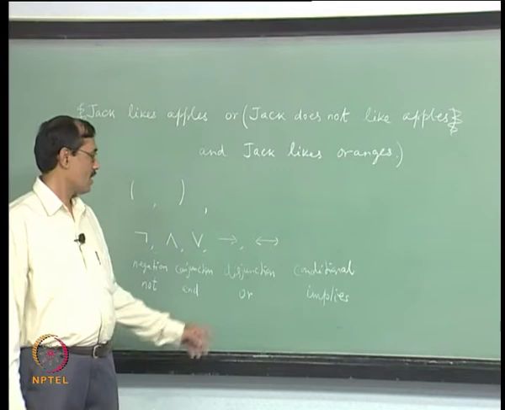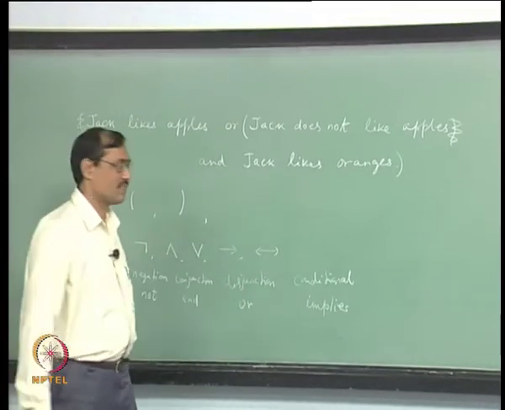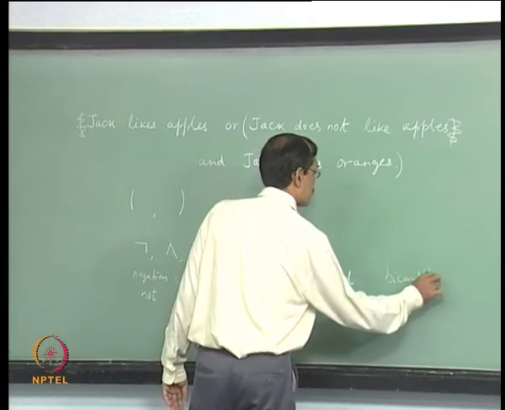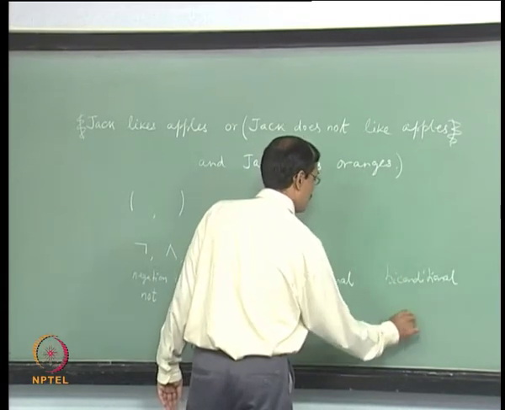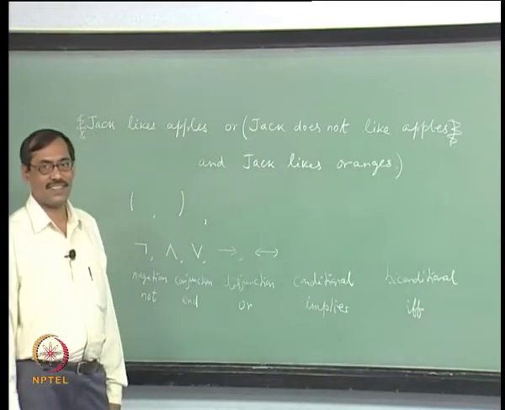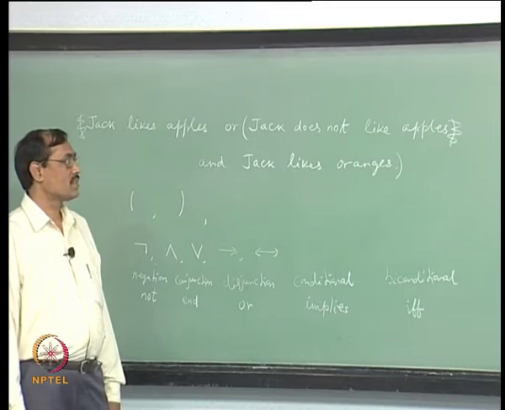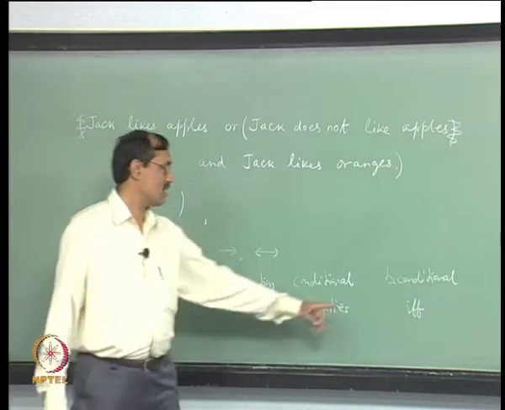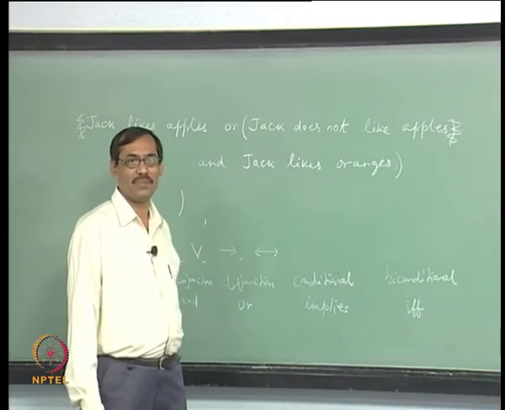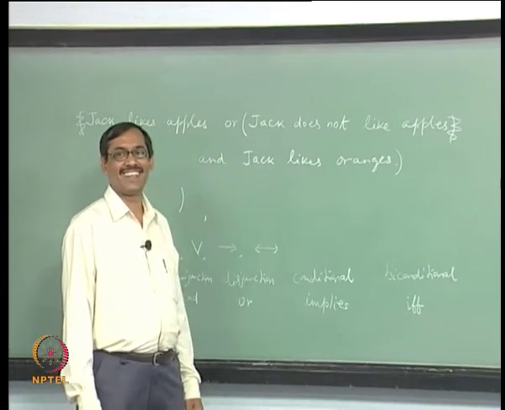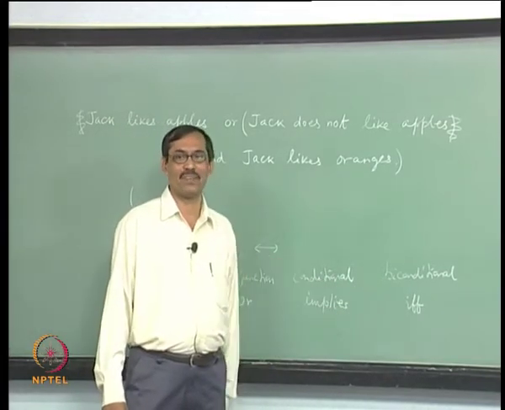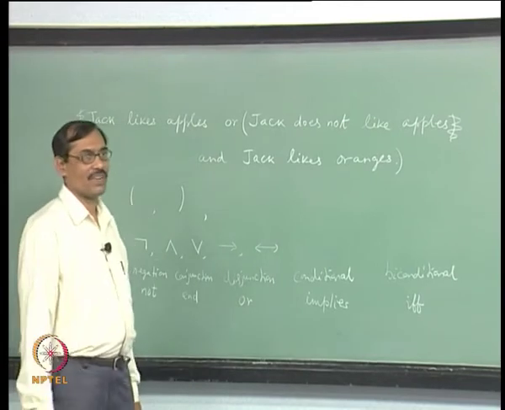Fine. The last one, which is the double arrow, we will give a name biconditional, and we can read it as if and only if. It is traditional to write iff, not fif.